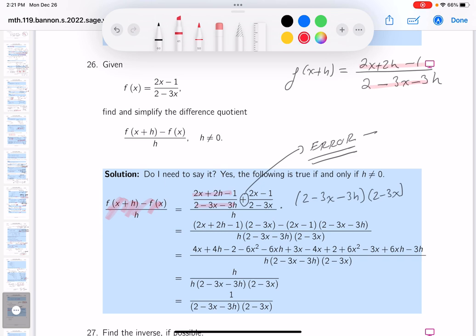Well, you're certainly going to get 2x plus 2h minus 1 times 2 minus 3x, minus 2x minus 1 times 2 minus 3x minus 3h. And the bottom is also being multiplied by that LCD, by the way. You're going to get this over here. So let me point out what we're doing: multiply the top and the bottom by this over here.